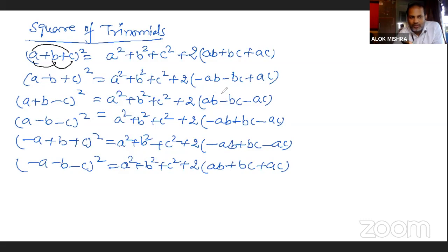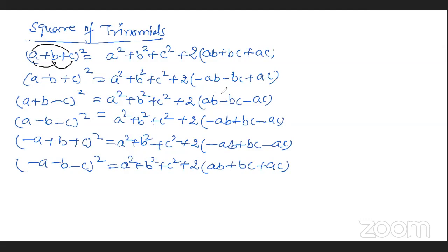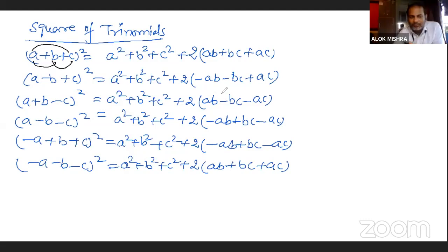So the different combinations are first, second; second, third; and first, third. I repeat, first, second; second, third; and first, third. I'll be multiplying, keeping in consideration the sign of it. Plus into plus will give me plus, plus into minus is going to give me minus, and minus into minus is going to give me plus. Fine.